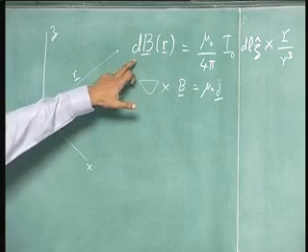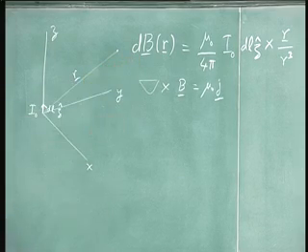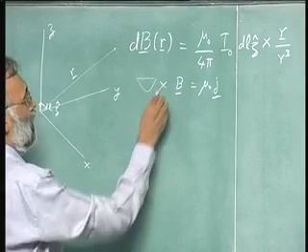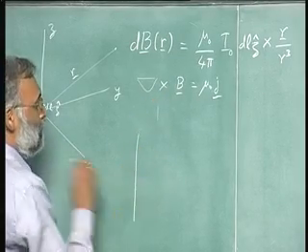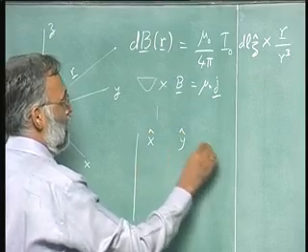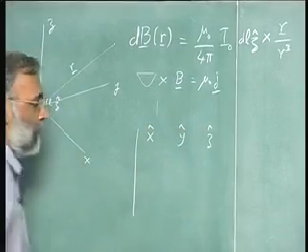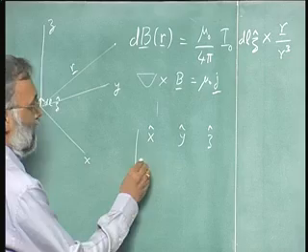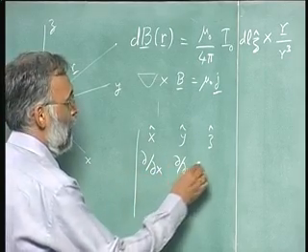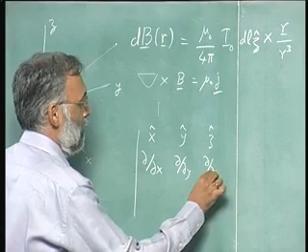So, let me try taking the curl of this quantity. So, the curl of B is going to be the determinant with unit vector along x, unit vector along y, unit vector along z, derivative along x, derivative along y, derivative along z.